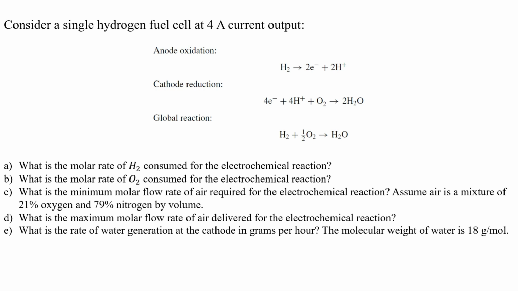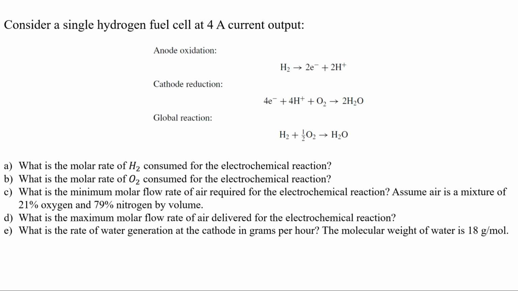We use air to supply oxygen, because we know that air is free and we can supply oxygen from air, and we know that 21% of air is oxygen and 79% of air is nitrogen. So if air is used, what will be the required rate of air in order to generate 4 ampere current from a fuel cell?